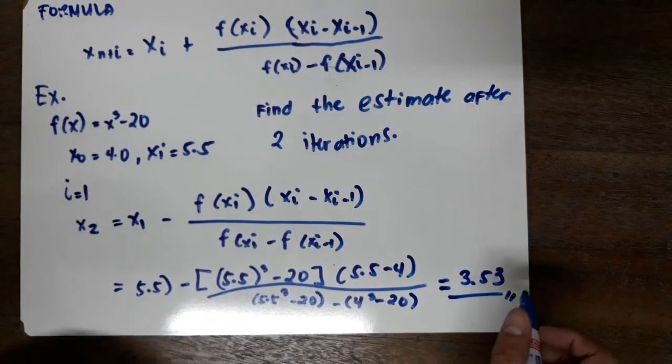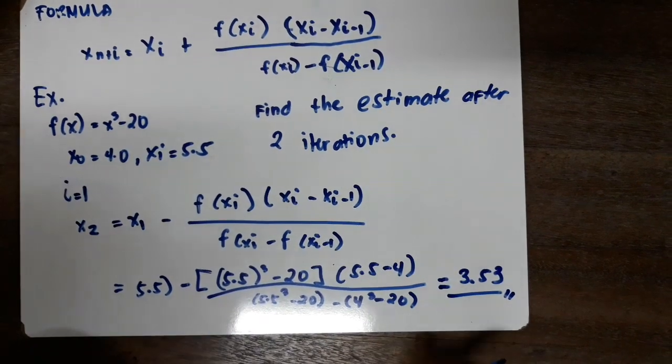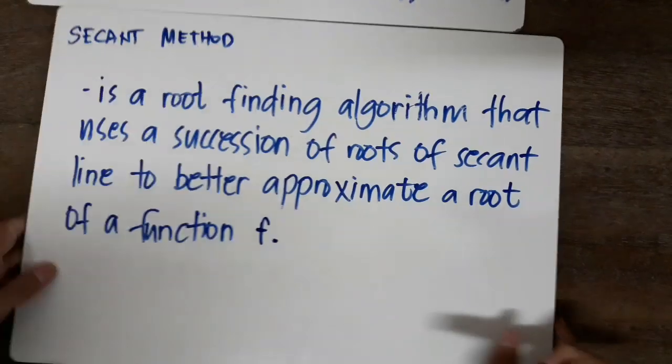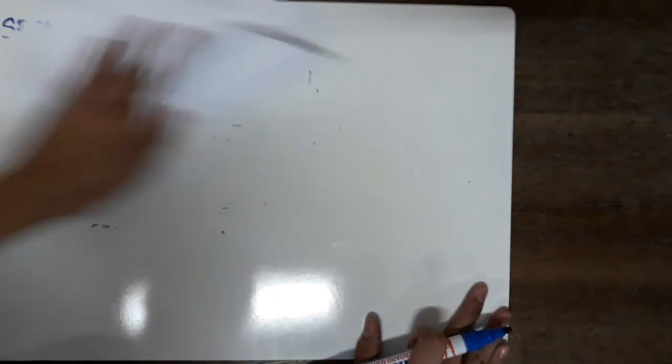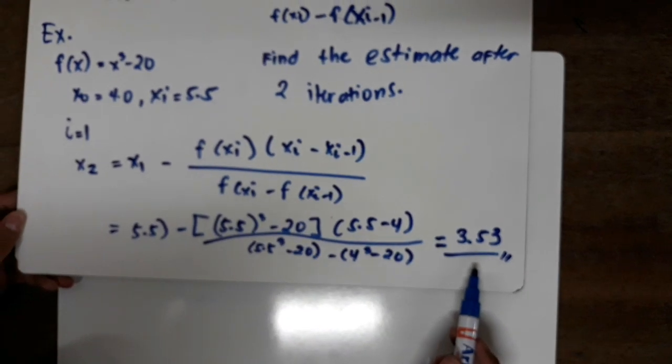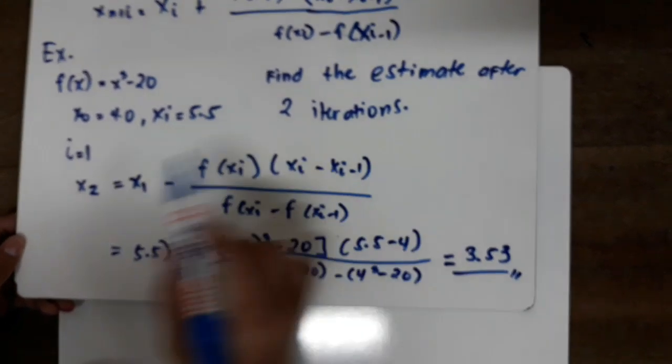So let's find x sub 3 when i is equal to 2. This is our second iteration. Since we have the value of x sub 2 here, we will substitute it as a new value in the equation.